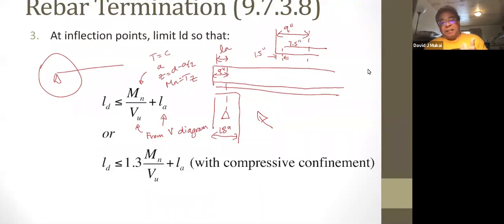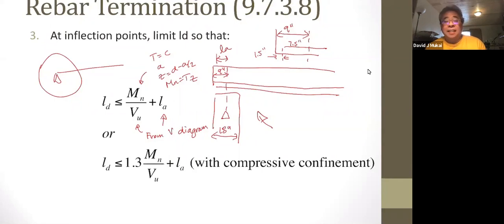So you're going to have to calculate MN unless I give it to you, which I do. And you're going to have to calculate VU from the shear diagram unless I give it to you, which I do. It's all on that first sheet, and I'll show you where to find it in a little bit.